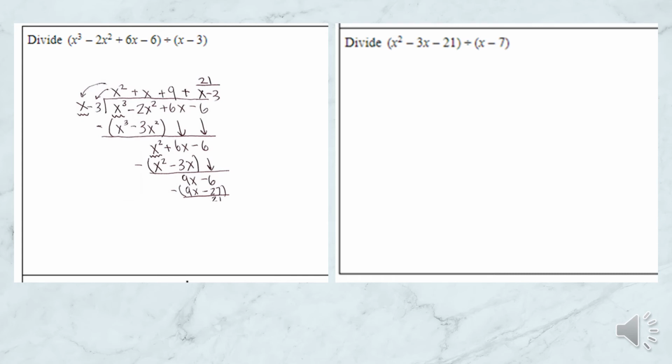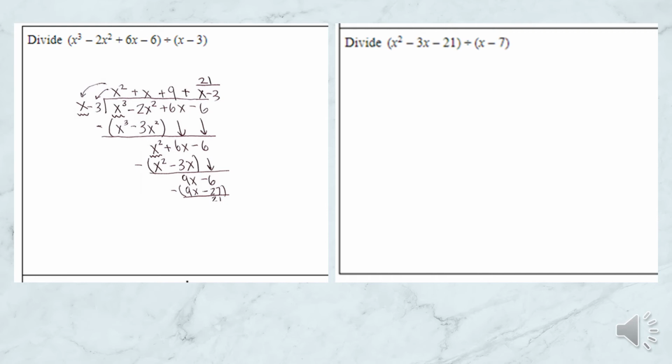All right, we then have to divide the inside term by the outside term. So we have x times what equals x cubed? Or x cubed divided by x equals what? And that number goes on top. So x cubed divided by x is x squared. So that number is placed on top.